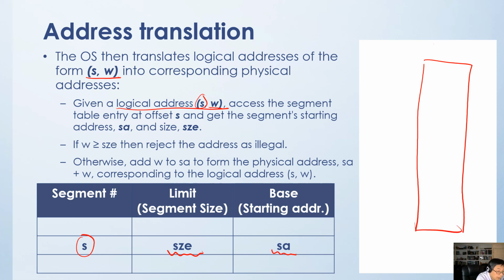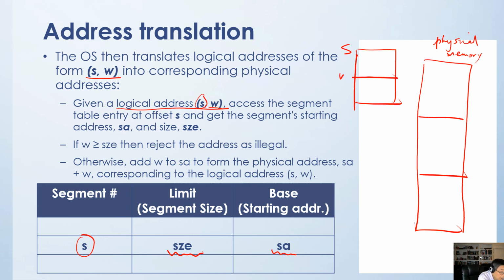So here's the physical memory. So the starting point of this segment. So this is a segment S, and W is the actual logical address in this segment. Now here, I want to find out what's the corresponding physical address for this W in the logical address space.